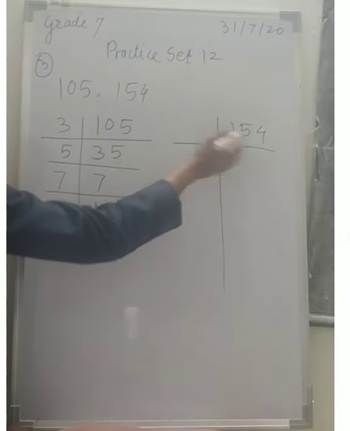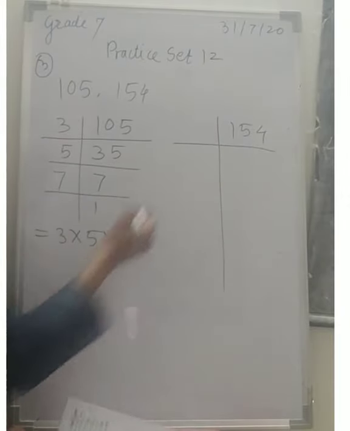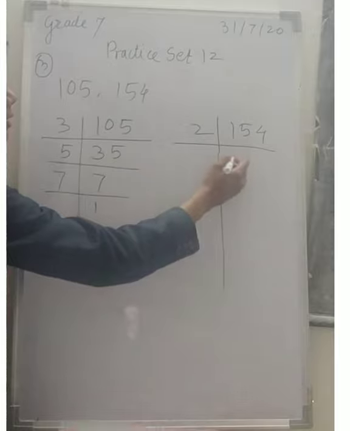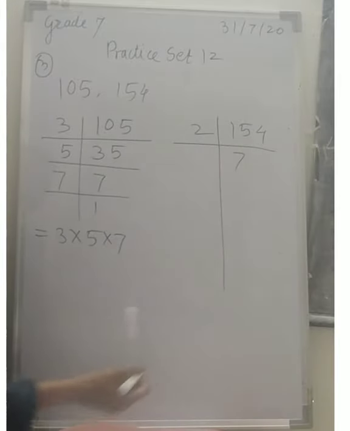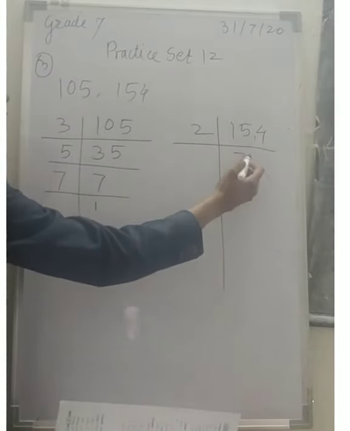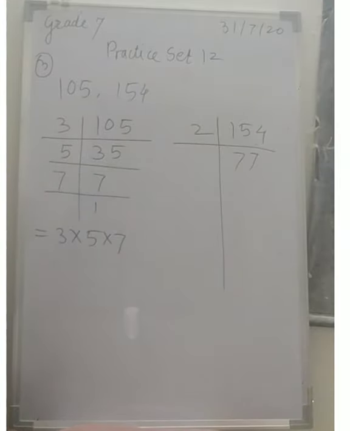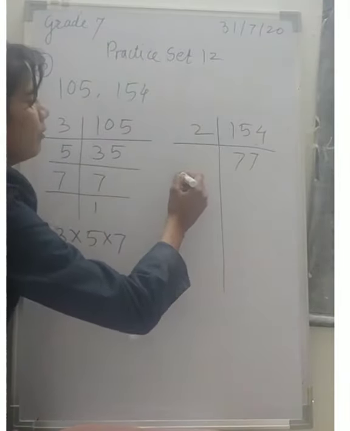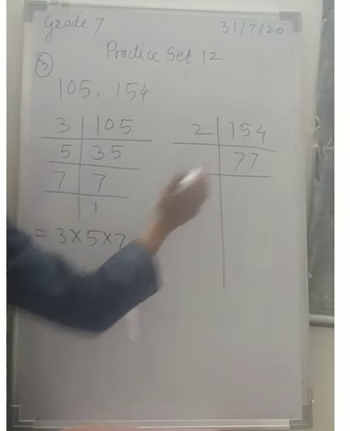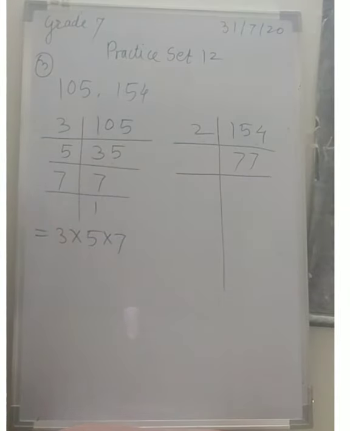What about 154? We have 4 at the end, so we are going to divide by 2. 2 sevens are 14. We have 1 here, and again 2 sevens are 14. So 77 multiplied by 2 will give you 154. Now 77, can we divide by 3? No. By 4?